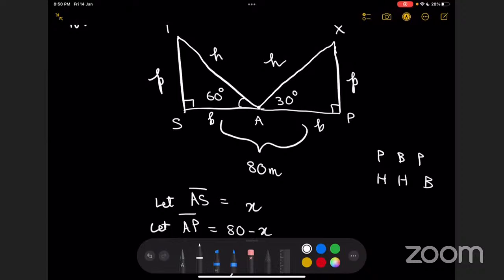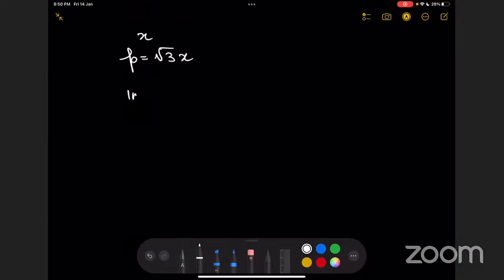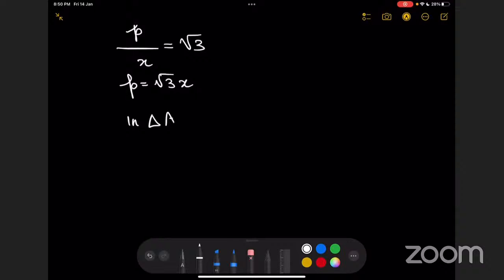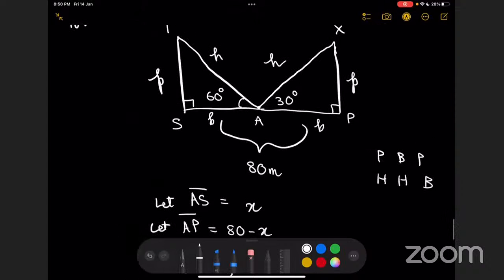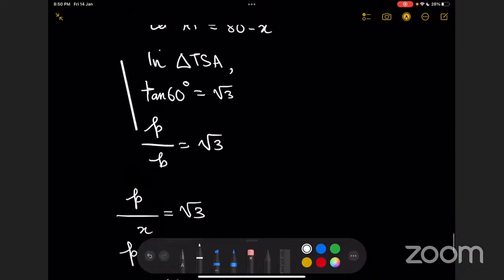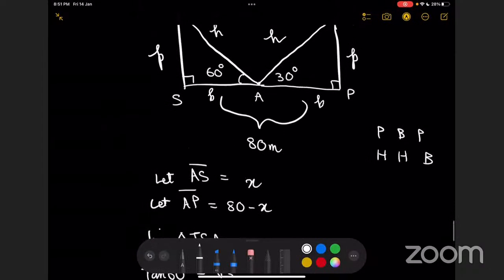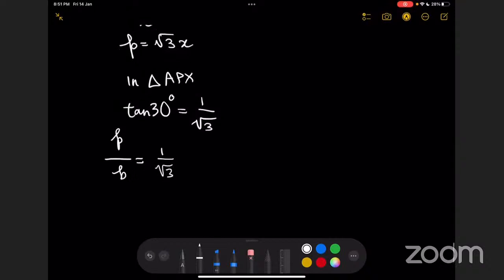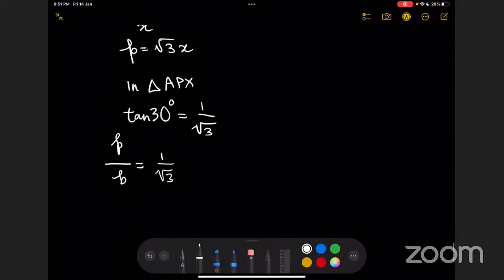Now that we know what P is, if we switch to the other triangle, APX, we need to find out P. Again, we can use tan since we know B, and B equals 80 minus x, tan 30. We know the value of P, they're both equal, and P equals root 3x.